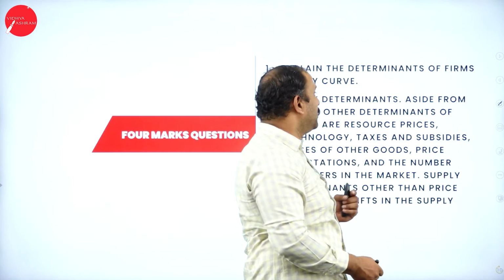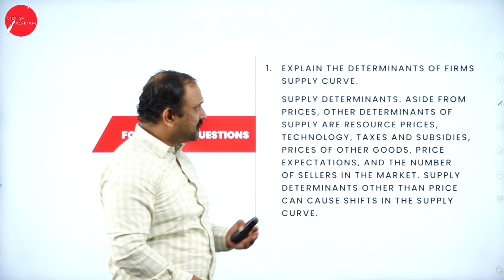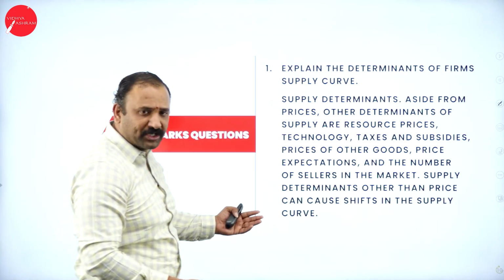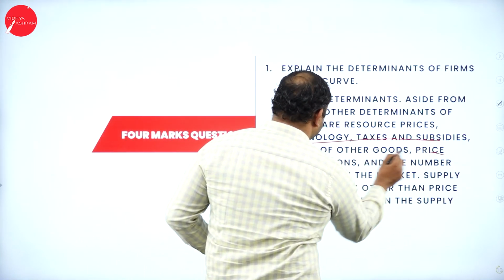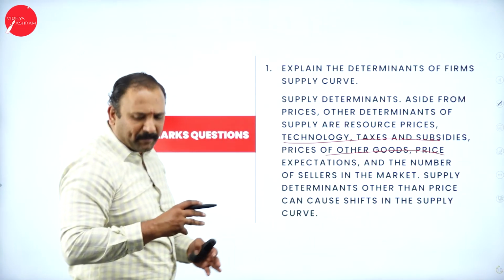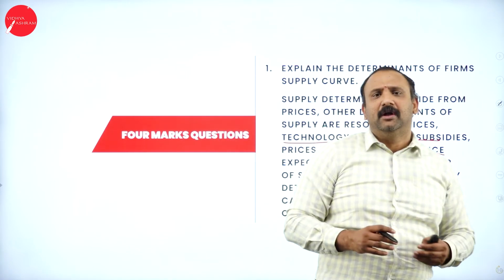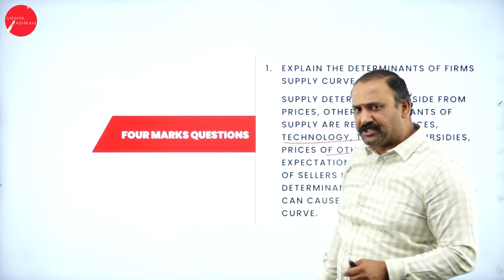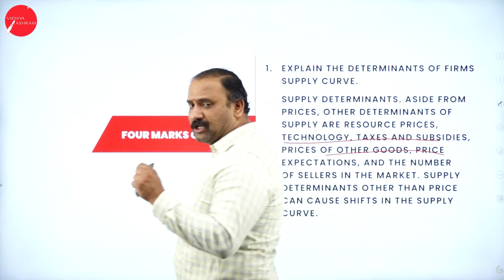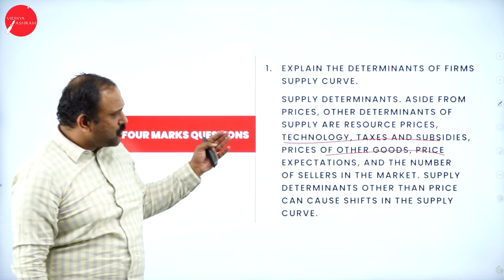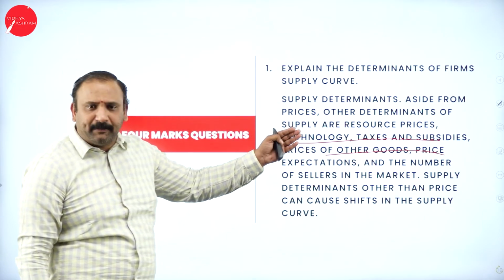Followed by, let's go to the 4-mark question, explain the determinants of firm supply. As I have told you, technology, taxes, subsidies, price of other goods. There are so many factors that are rolling into the market. Of late, when we were talking about the budget, even the budget matters a lot in terms of supply. Because it's not just about the technology and the basic resources.